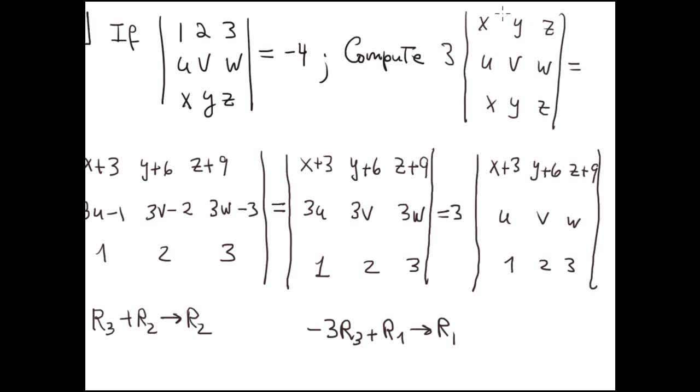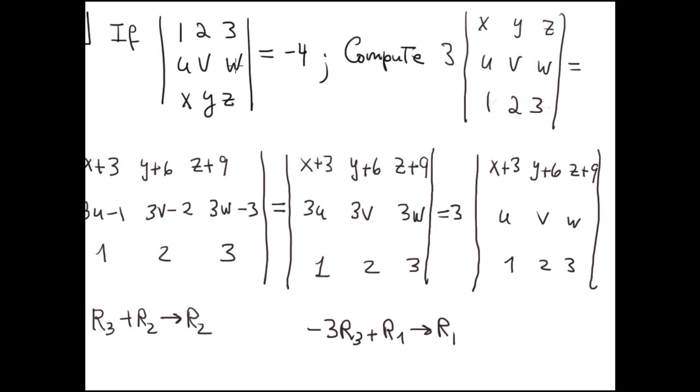Okay, and this looks similar to this, but you interchange. Wait a second. This is wrong. This is 1, 2, 3. Sorry. 1, 2, 3. Okay. What should I do?